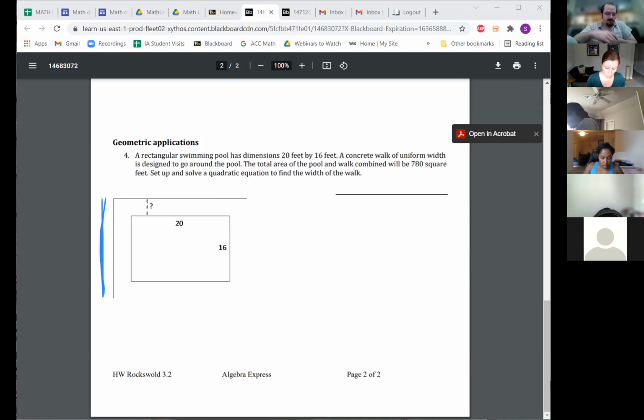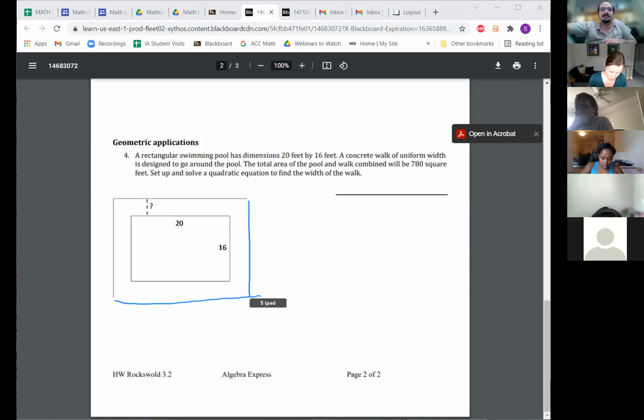All right. So let's get this. I'm going to fill this in just because it makes, oh, that looks awful. Let me try again. Hopefully that looks a little better. Okay. So I'm going to call this X just because X is just the easy traditional number. So that means that this sidewalk must be how wide also, even though my drawing's terrible.